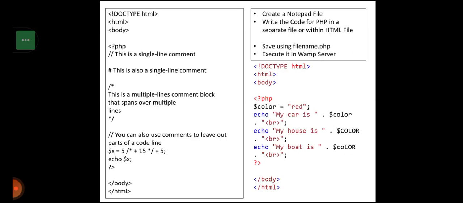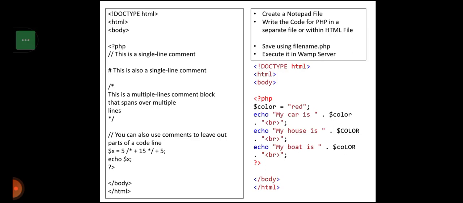Here we can see a small program. We are declaring a variable color equal to red. My car is the color. Then second, we are echoing my house is with the color in capital letters.